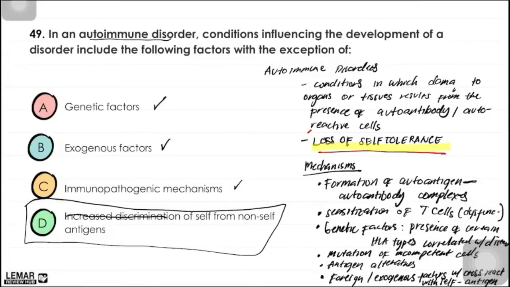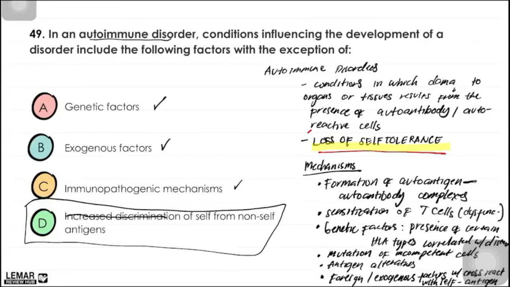So again, in autoimmune disorders there is a decreased rather than increased discrimination of self from non-self antigen. Let me add something: genetic risk factors for the development of autoimmune disorders.